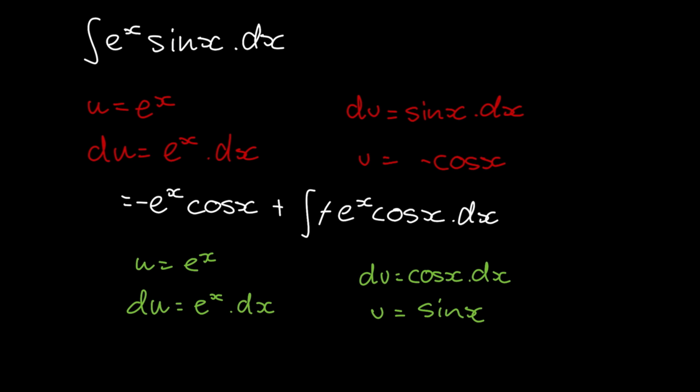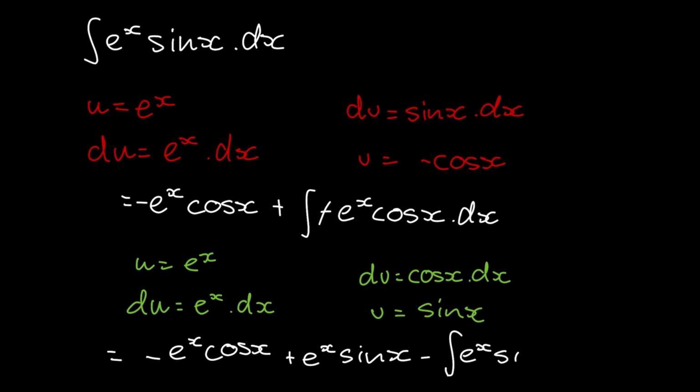So now, if we continue with the integral, we're going to keep this term, minus e to the x cosine of x, plus now uv, e to the x sine of x, minus the integral of v du, which is just e to the x sine of x dx.